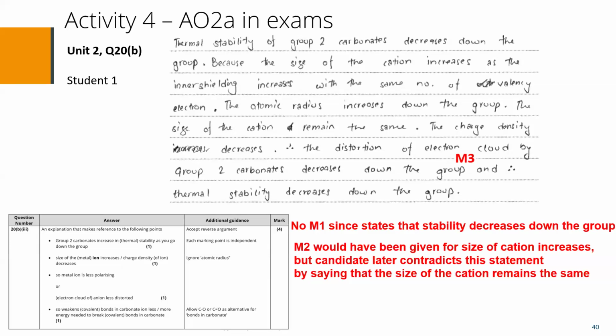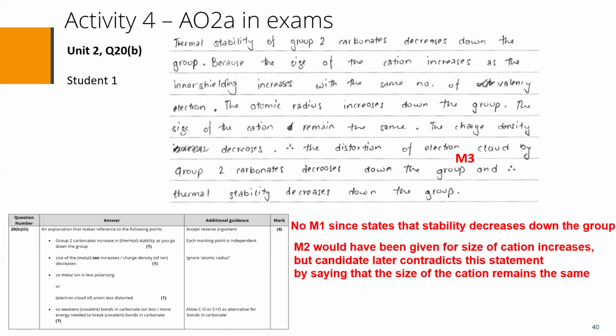M2 would have been awarded for the size of cation increases, but unfortunately the candidate later contradicts this statement by saying that the size of the cation remains the same. So they've got some correct and some incorrect contradictory chemistry, so that mark cannot be awarded.